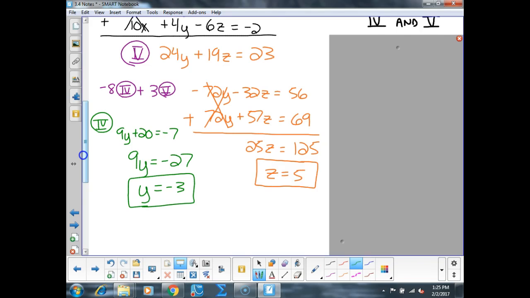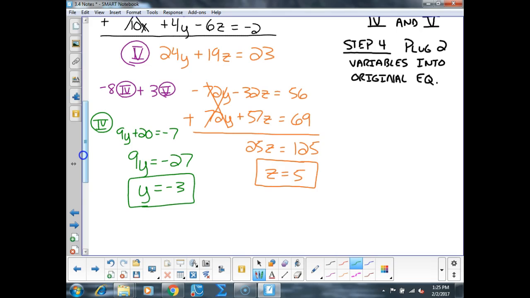What equation do we use for the values? Any equation, 1, 2, or 3. So we're going to plug those two variables into an original equation.